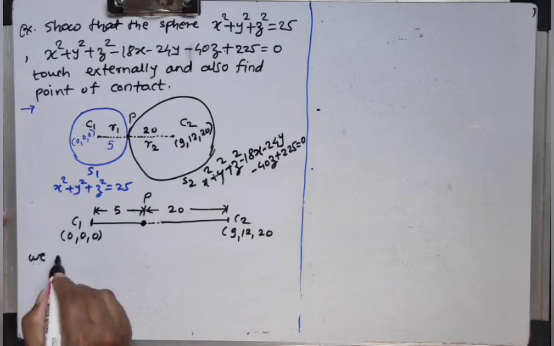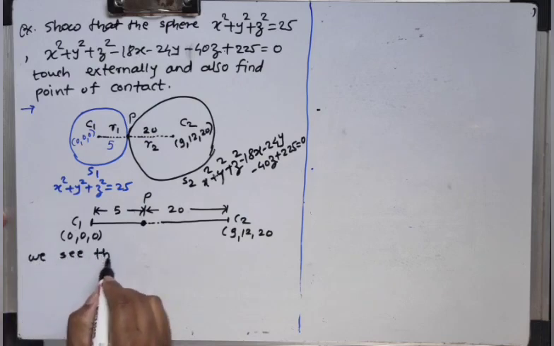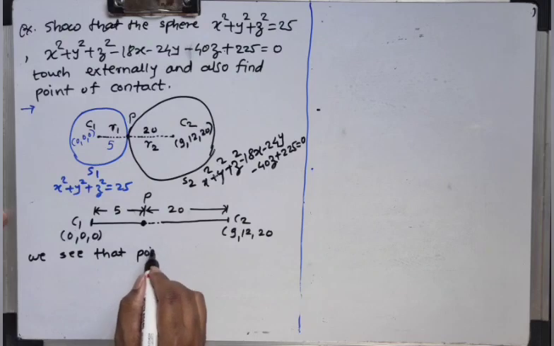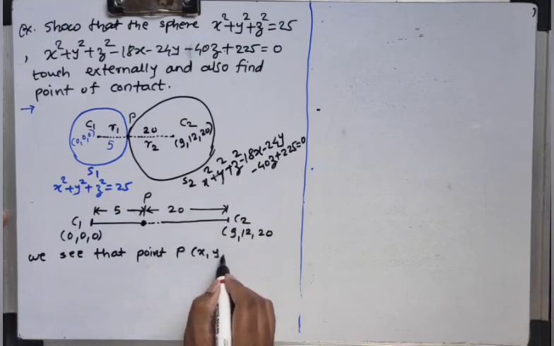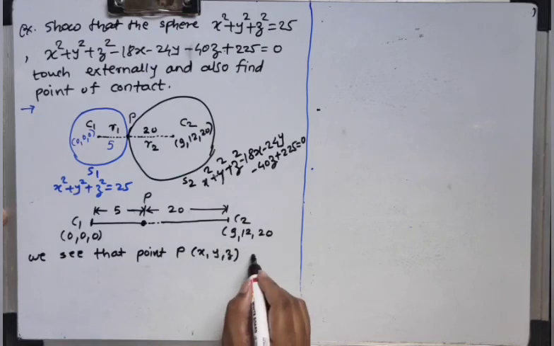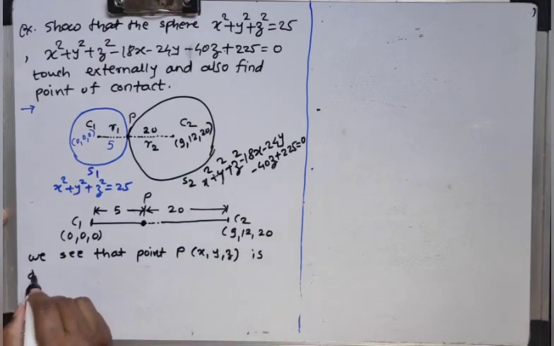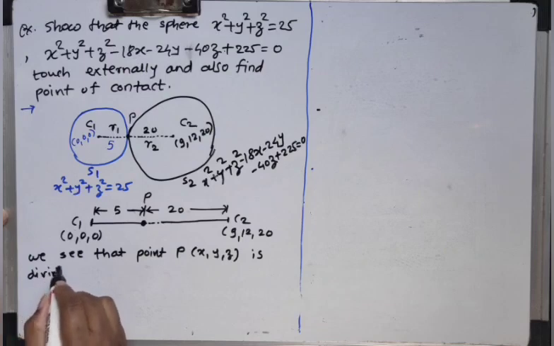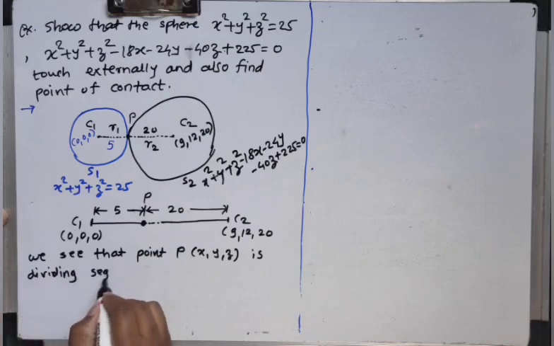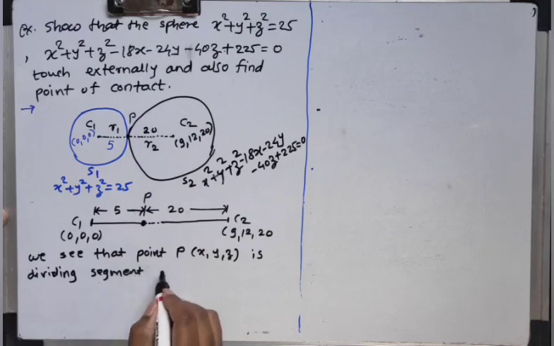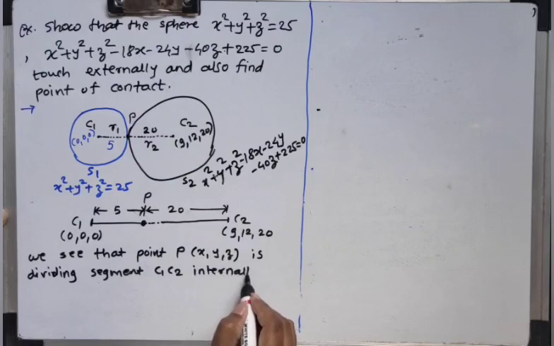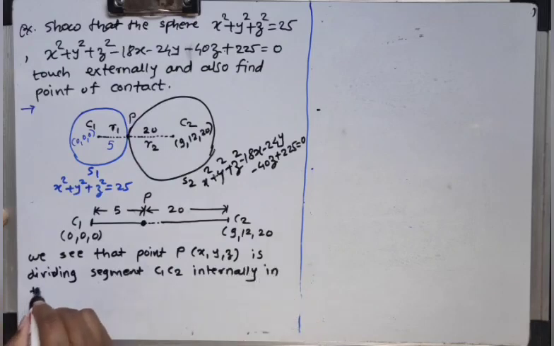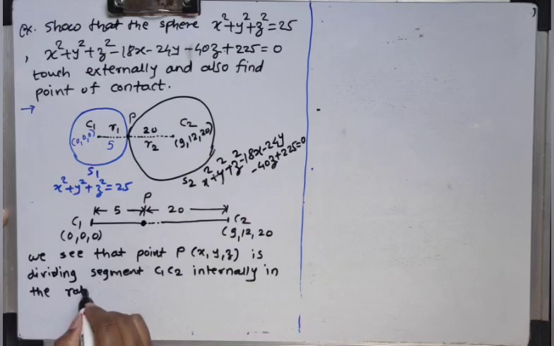So we can see that point P, whose coordinates suppose are x, y, z, is dividing segment C1 C2 internally in the ratio 5:20.